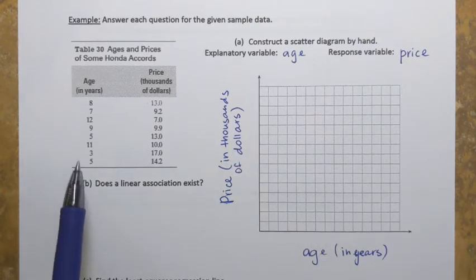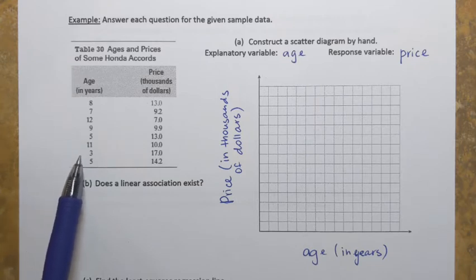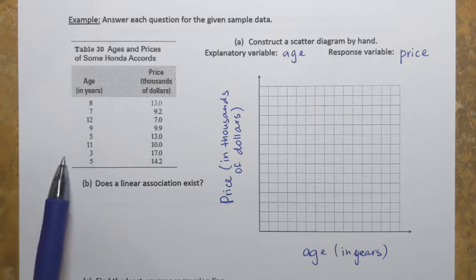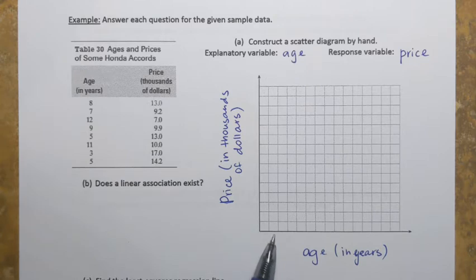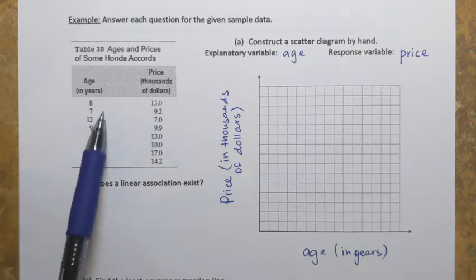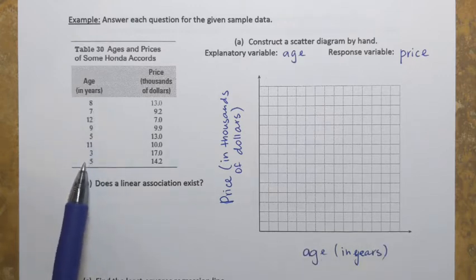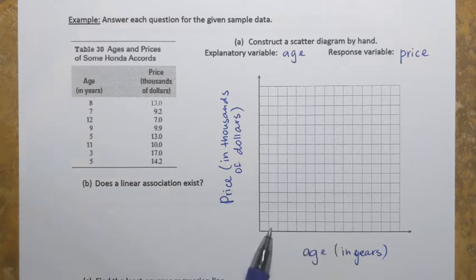So for age, the smallest age we can see in the data set is 3, the highest is 12. Remember, when we label a number line, we have to spread out numbers evenly and increase by the same amount. So since we don't have very high numbers here, I'll just number it from 1 up to whatever I can fit in here. So it's 1 through 15.